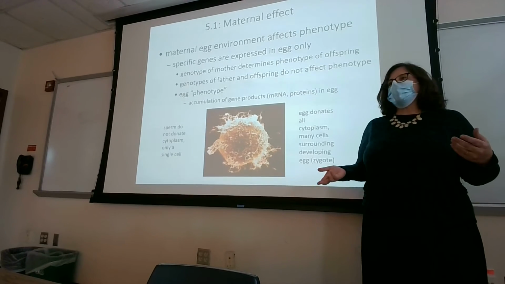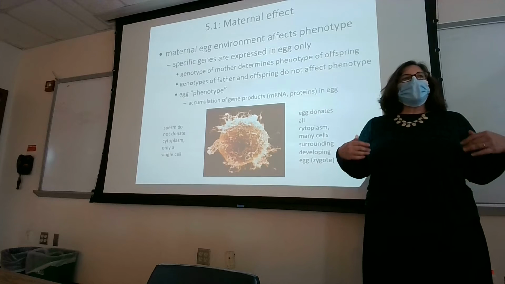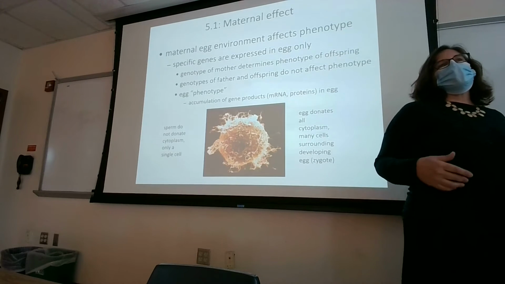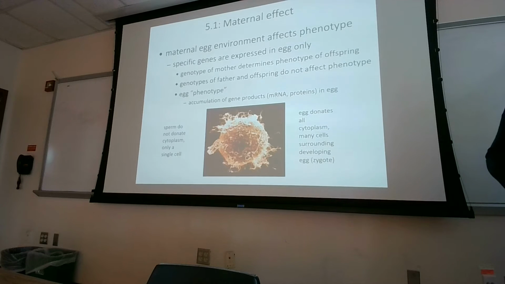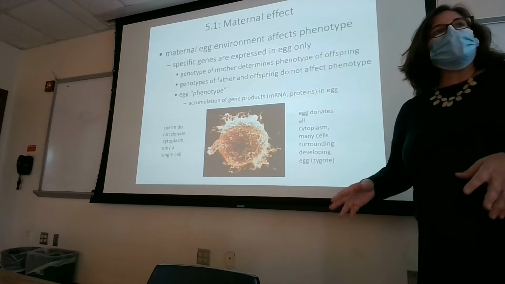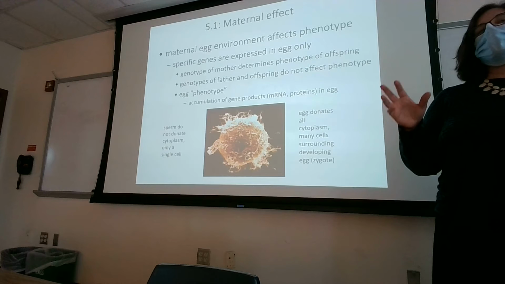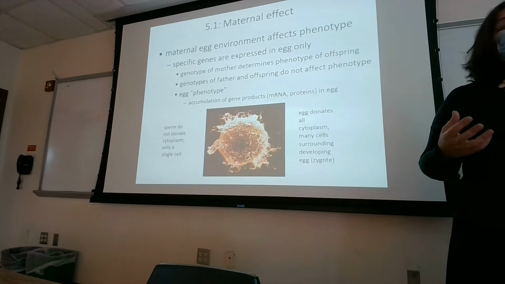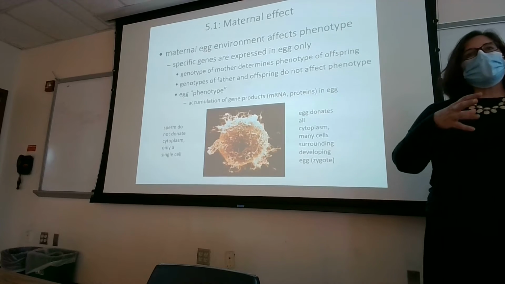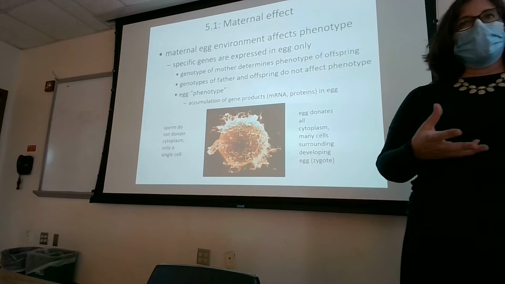The nucleus is just instructions. And so all the proteins that are necessary to start the process going, to start that first mitosis, that second mitosis, all of those first divisions come from that first cytoplasm. And so the egg then is more important at this stage than the sperm.